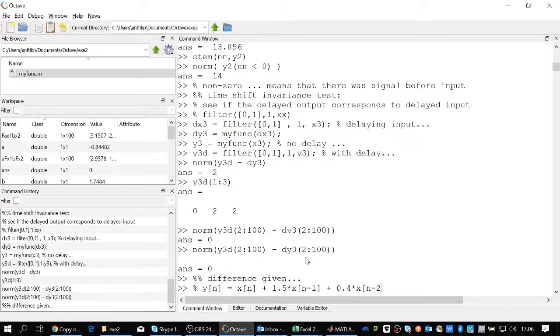I have no idea what kind of system this will be. And then more parameters. So, for example, 0.5 times y of n minus 1 plus 0.25. Let's make this one minus 0.2 times y of n minus 2.